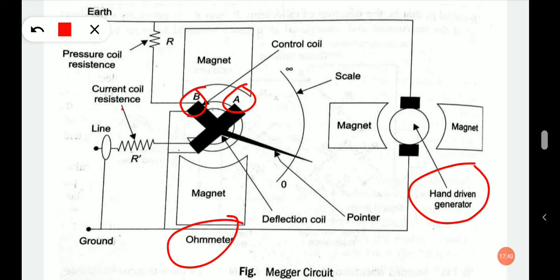Under such condition, resistance R is used to protect coil A against the excess current, while resistance R dash is used to protect the instrument. Now consider the case when an unknown resistance is connected between test terminals, earth and line of the instrument.